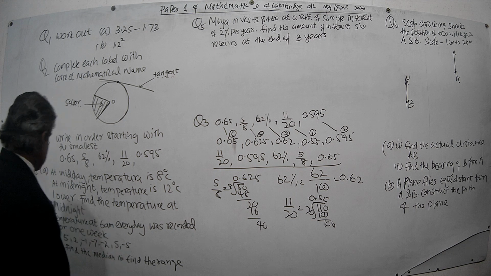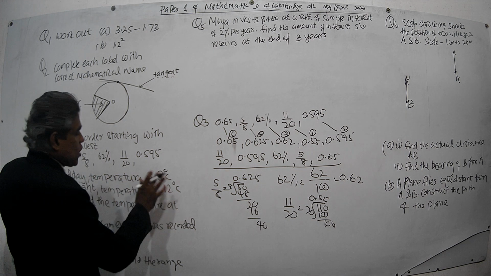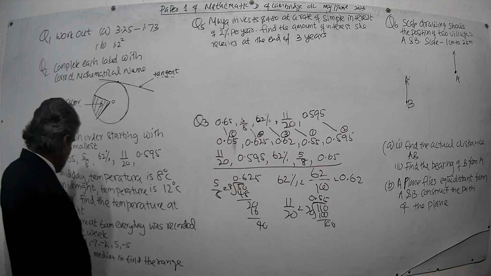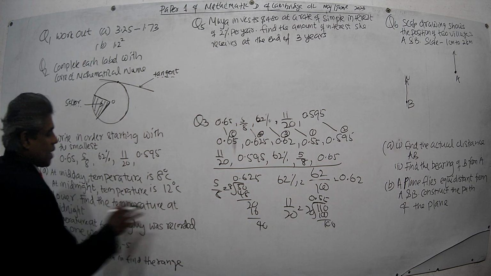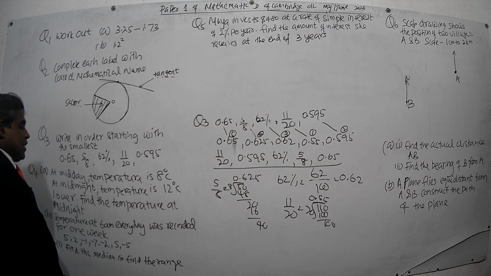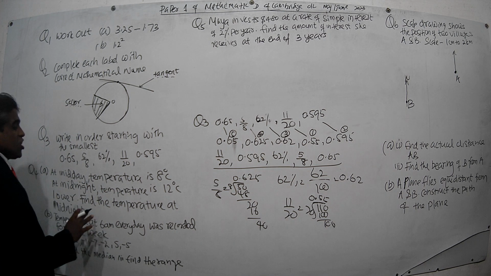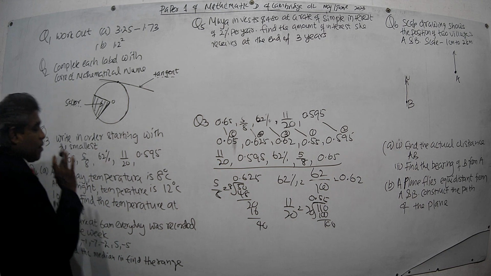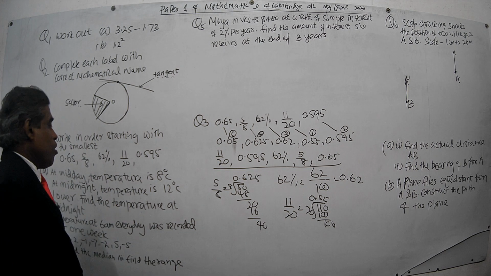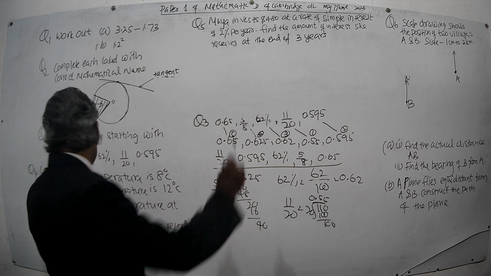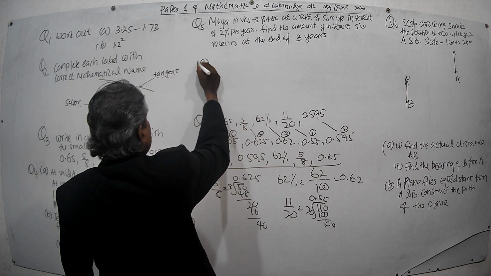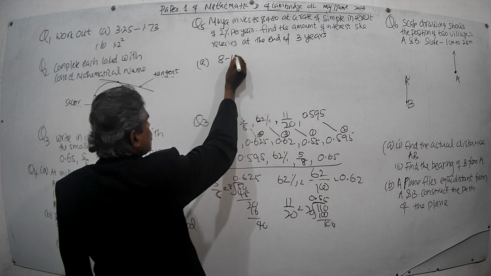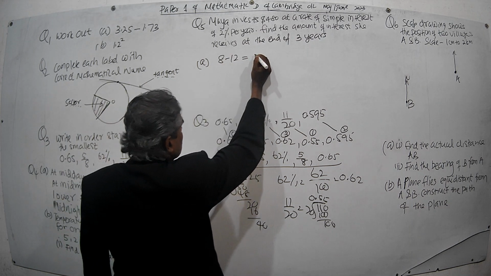Therefore, midnight temperature will be, that is part A, you have to deduct 12 from this 8. 8 minus 12 means how much?